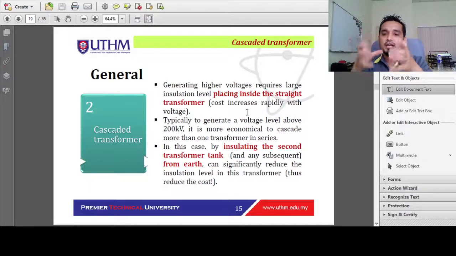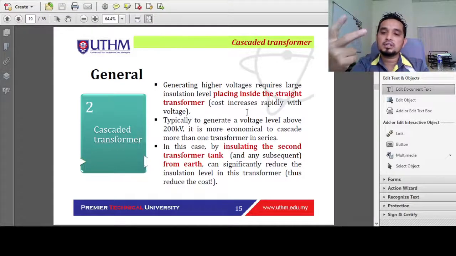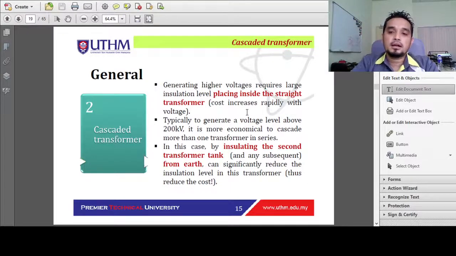If we go for one unit to develop 300 kV, we are going to spend much more money on the construction, and we need more clearance and better insulation, because it's a higher power rating. That brings the cost up.